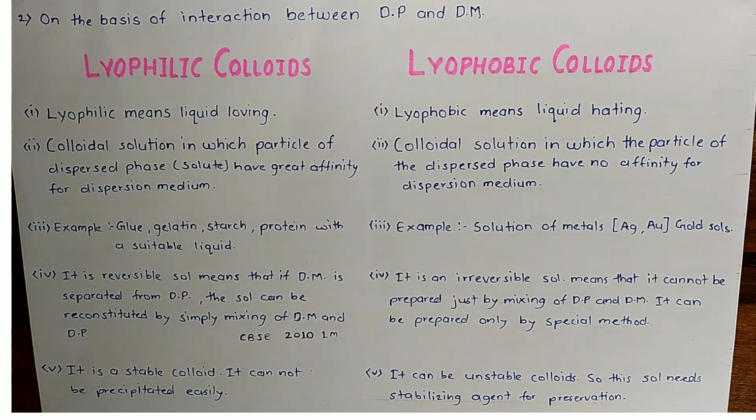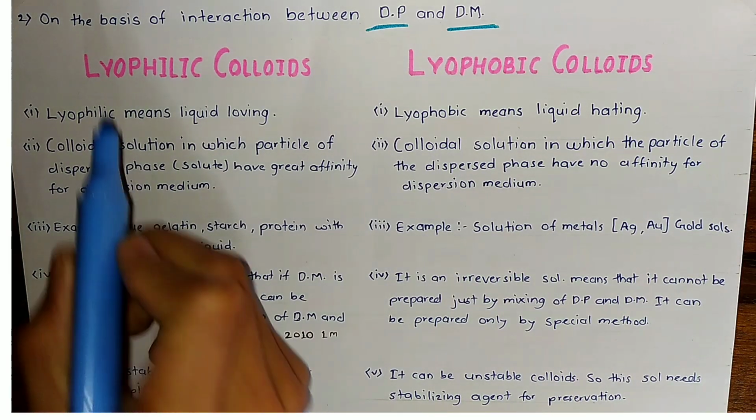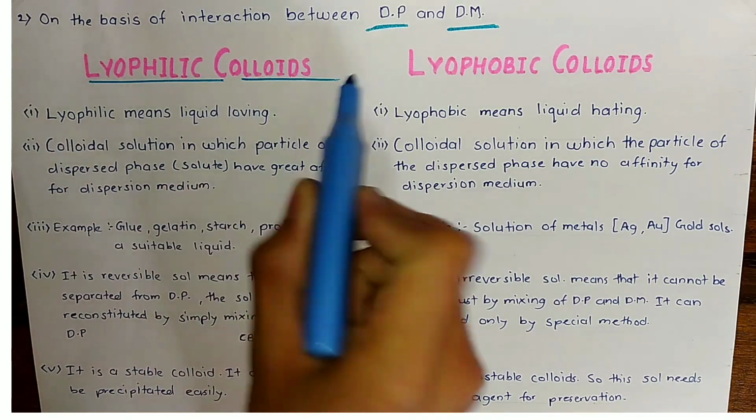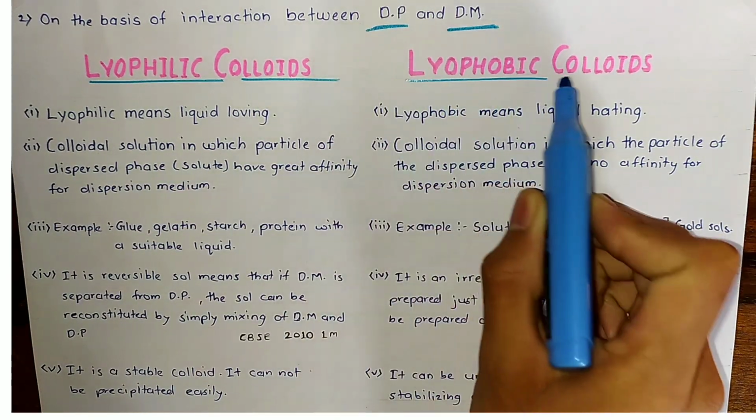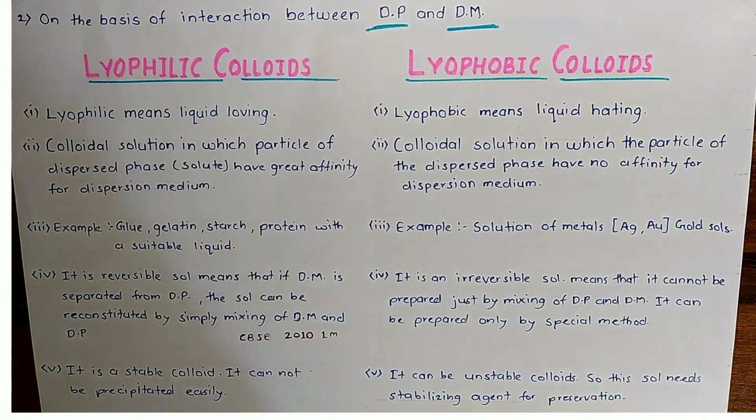Now the second difference: on the basis of interactions between the dispersed phase and the dispersion medium, we have two different types of colloids. One is lyophilic colloids and the second is lyophobic colloids.